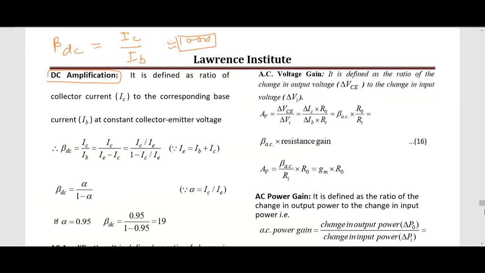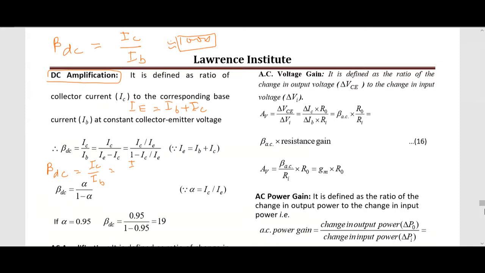And now we have got this relationship: beta DC is IC divided by IB. First we have got IE is IB plus IC. So from here we will calculate IB.